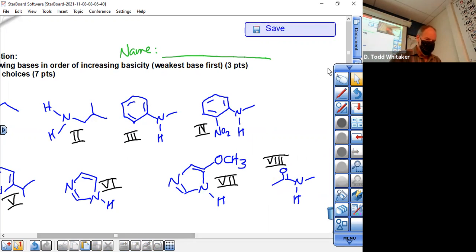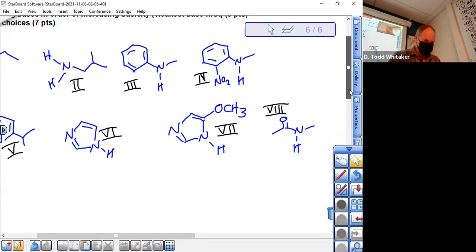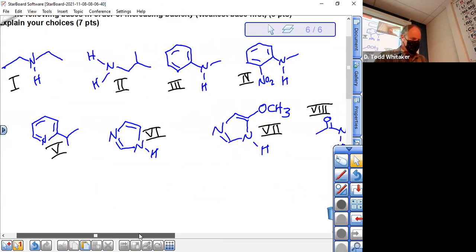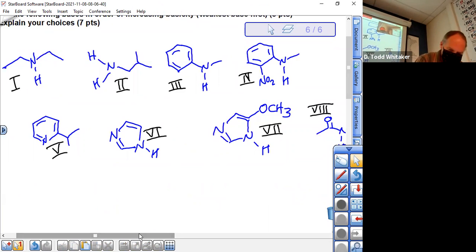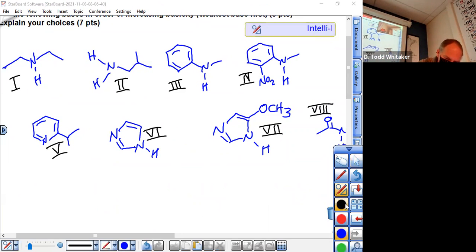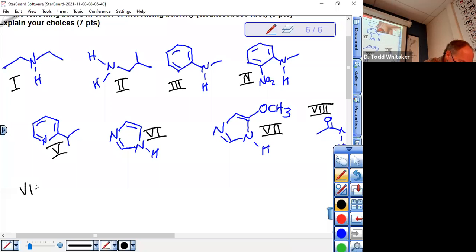And why are amides not good bases? That's a great question. You won't find that in the textbook because we don't usually deprotonate an amide. So VIII is the weakest base.